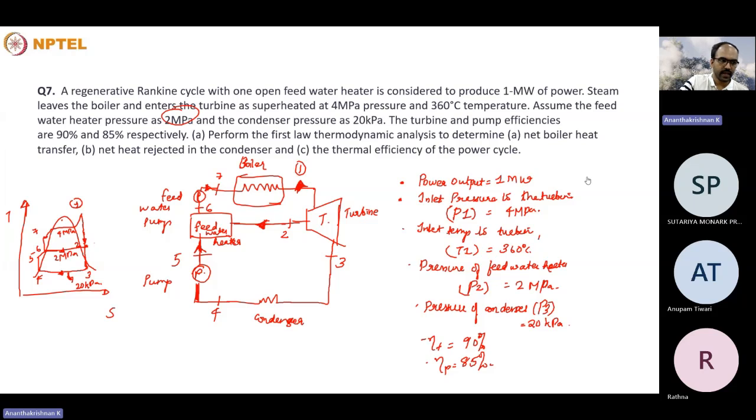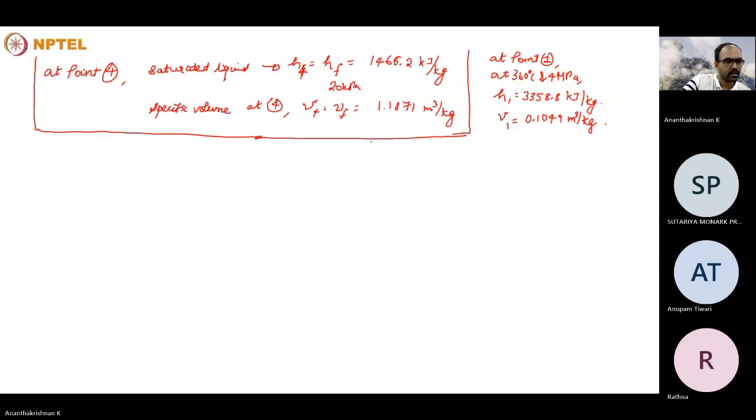So that's how we can calculate point two's enthalpy. On point three, similarly, this 90% efficiency is there. We have to determine that. So we know point one, and we have to calculate the other properties.